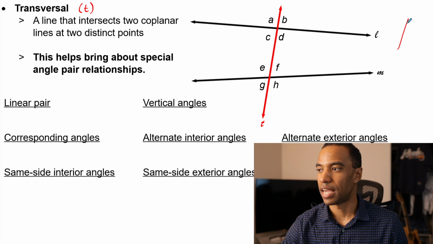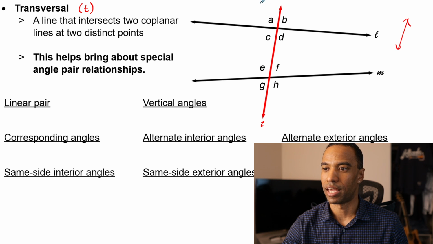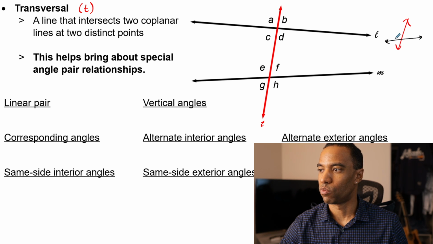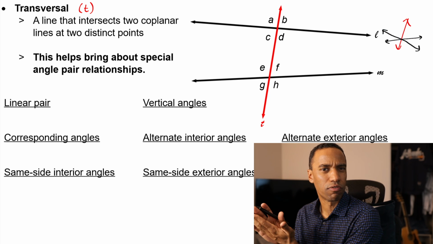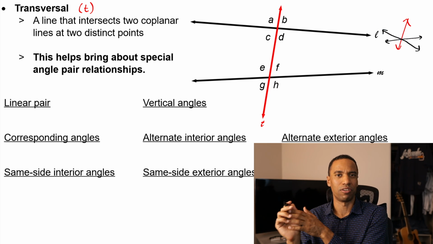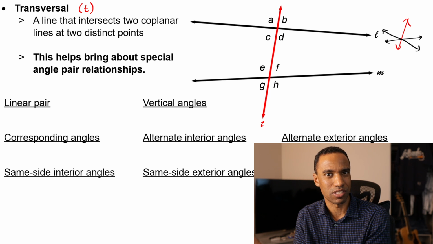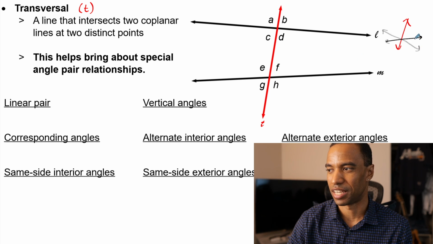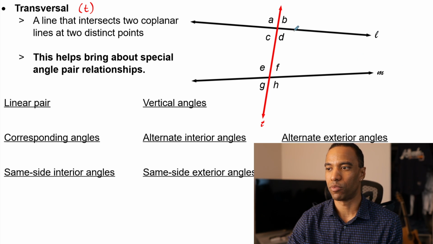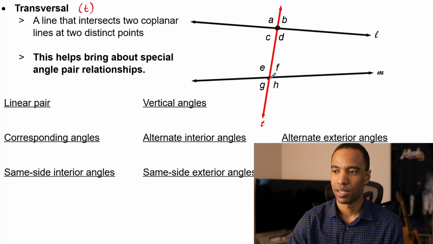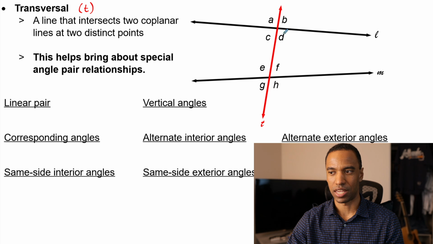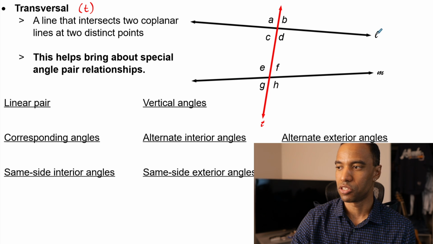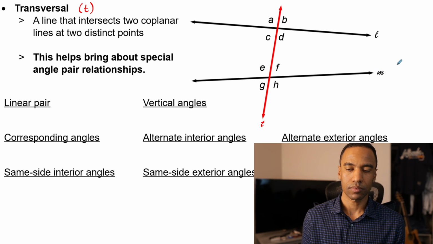If this intersects these two lines at the same place, that's no longer acting as the transversal that we want. It's not intersecting at two unique places, two distinct places. It's intersecting at the same place. Not really what we're talking about. We're talking about intersecting here and here. Anyway, so T is called a transversal because it intersects these two lines at those places. These lines are called L and M.